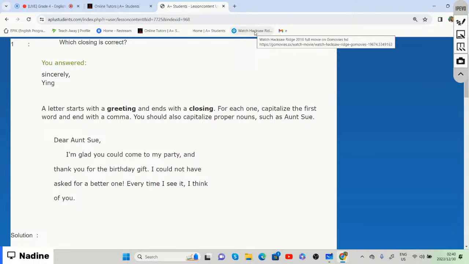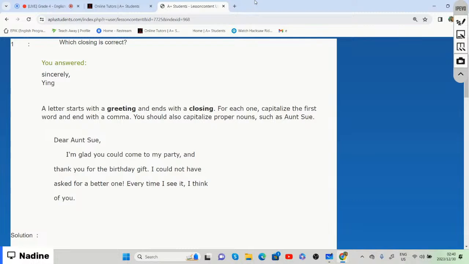Maybe you got a new pet. But when you write a letter, it is usually you telling somebody reasons as to why you're writing.